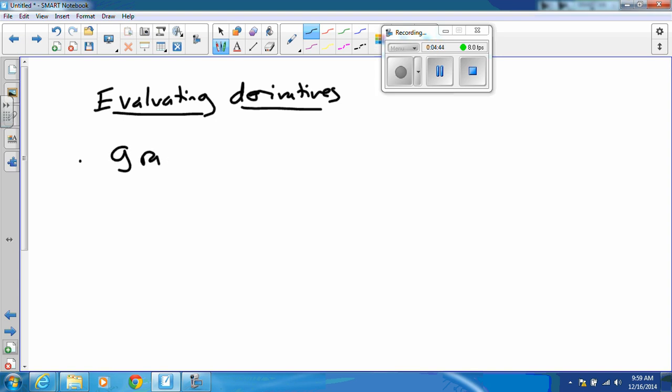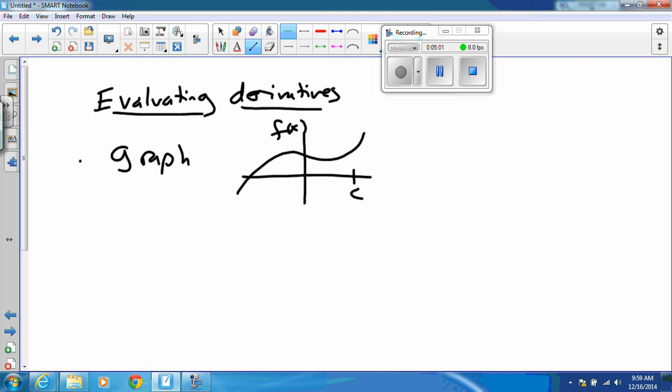One way that information can come at us is graphically. If I have a graph of f, and I wish to find the value of f prime of c, then my preferred method of choice is going to be to draw a tangent line. And find its slope the good old-fashioned way, change in y over change in x.